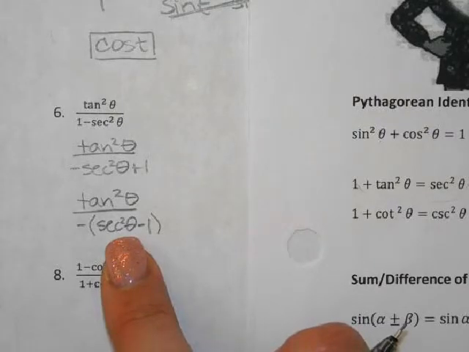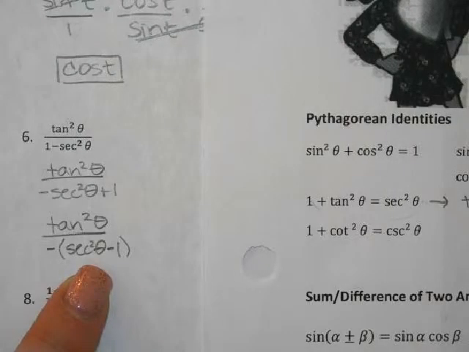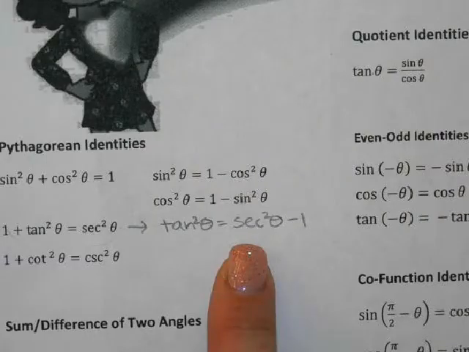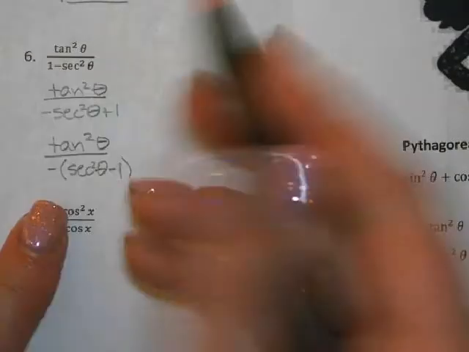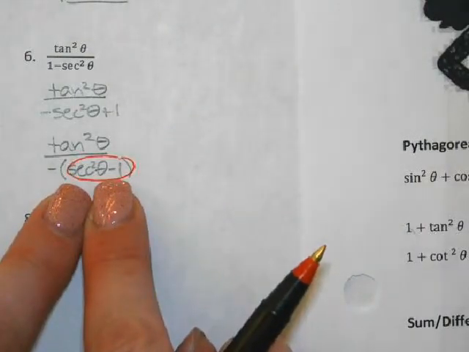Now, is there a substitution we could make that would be beneficial? What could we do? You can take the secant squared minus 1 over here and replace it with what? Tan squared. So this right here can become tan squared.